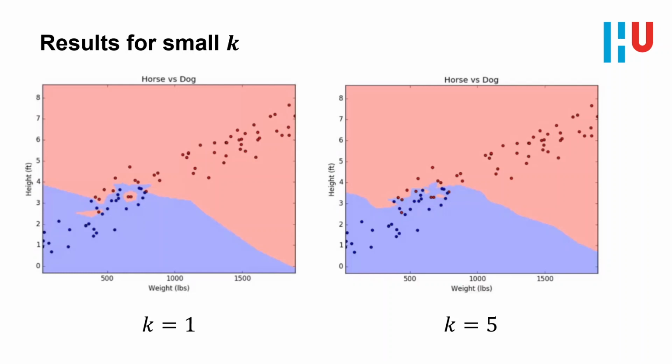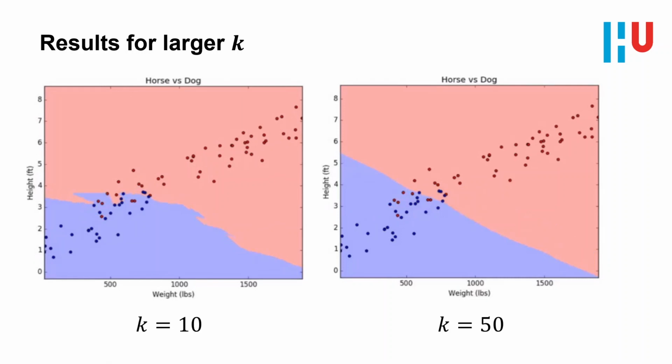Well, we applied the KNN algorithm for our horse and dog problem, and you see that the number of neighbors you choose has a pretty big impact on how this field develops. This is the horse field, this is the dog field. If you've got a smaller k, you see that this small red horse is really important still, and here, well, we're just going to ignore the small horse.